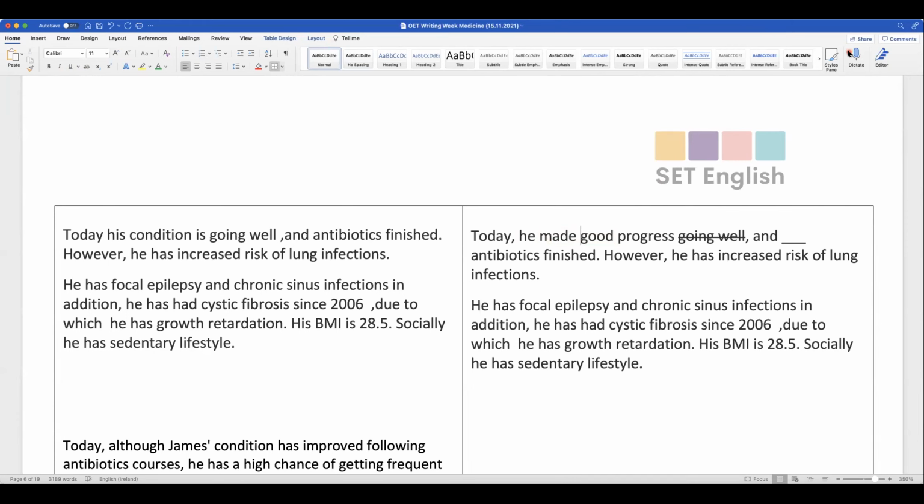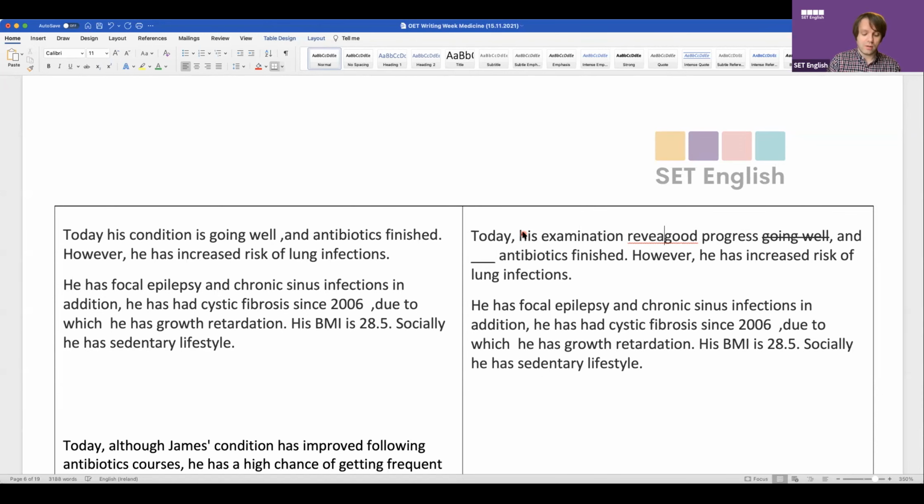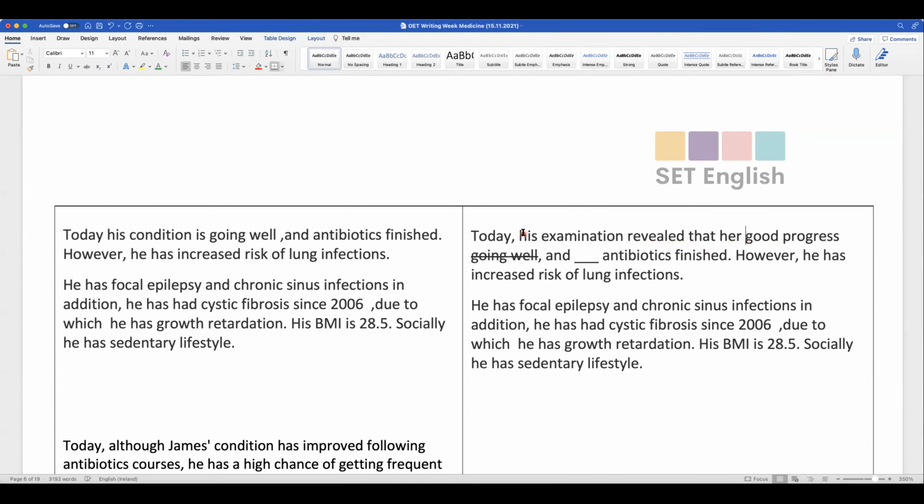You could say today he saw a bird in the window, right? Because that's true. That happened today. So go on. For example, can you say today his examination revealed that he has made good progress? Yeah, I like that, and it sounds very natural as well. So his examination revealed that he has made good progress. It's all to do with the meanings, not so much the grammar, right?